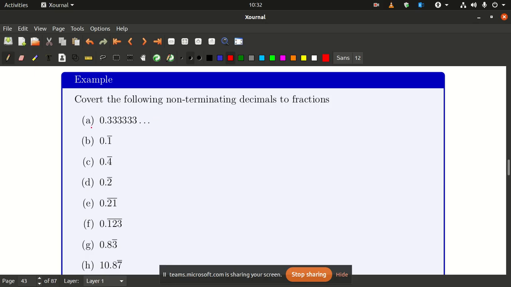So here, when we are solving this, we are going to have our x. Our x is going to be this 0.3333. I don't have my pen today, sorry guys, but I'm trying my best here. It's going to be 0.333... That is going to be x.